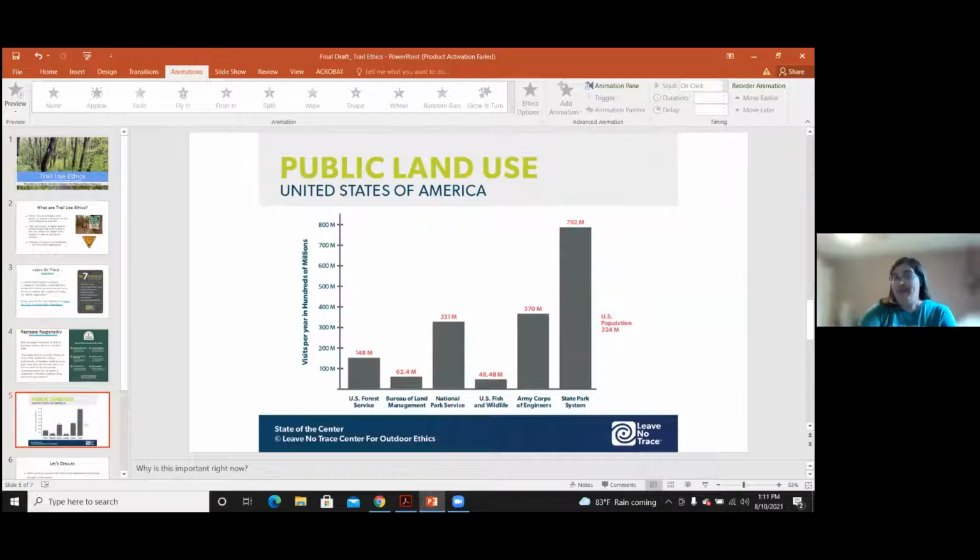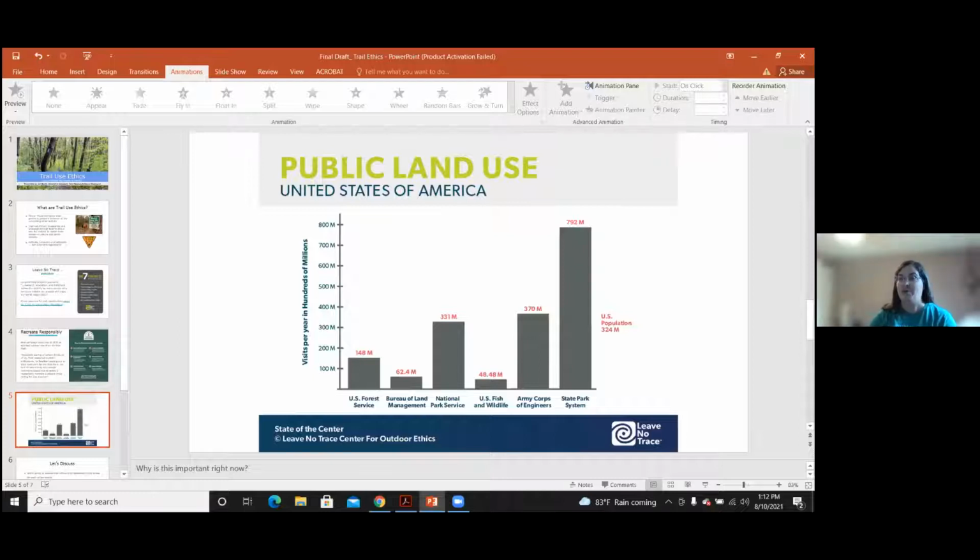So why are we talking about this right now? It's definitely important all of the time, but this slide I thought gave us a good snapshot into what public land use is. This was from 2020, I believe. It may have been from 2019, so I'm not positive, don't quote me on that. This is visits per year in hundreds of millions.